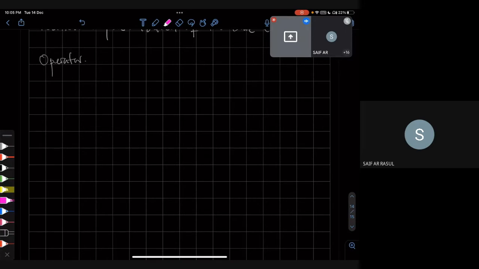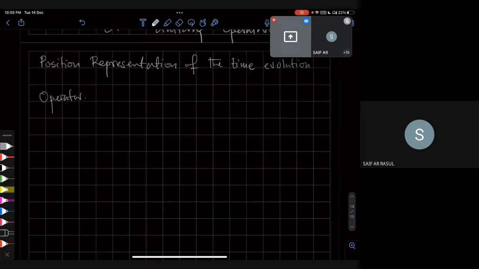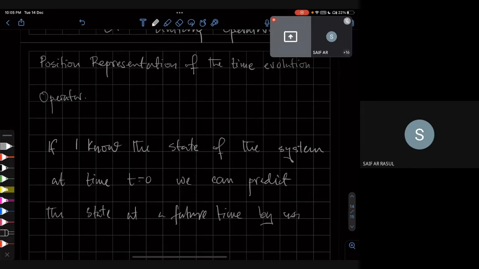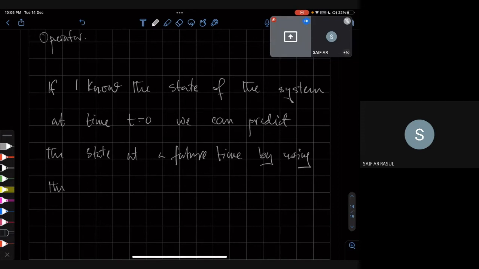It is a statement of causality, just telling you that if I know the state of the system at time t0, we can predict the state at a future time by using the time evolution operator.